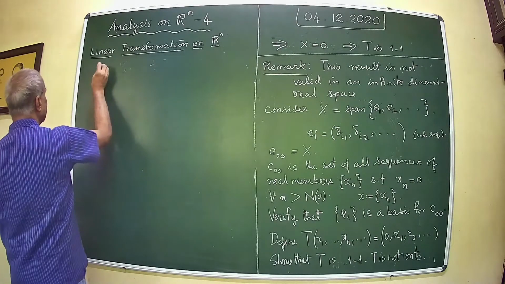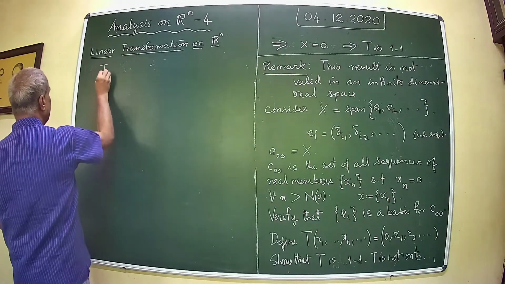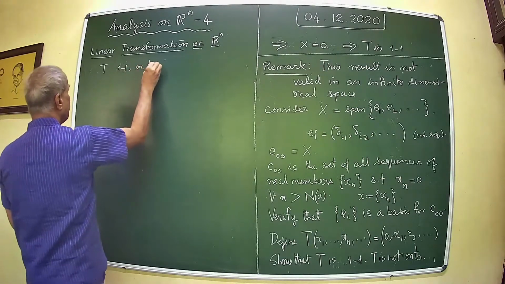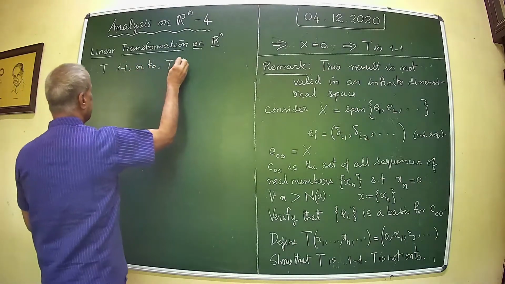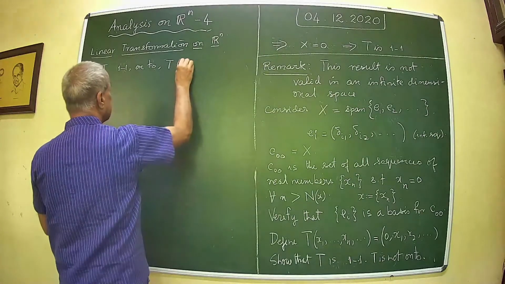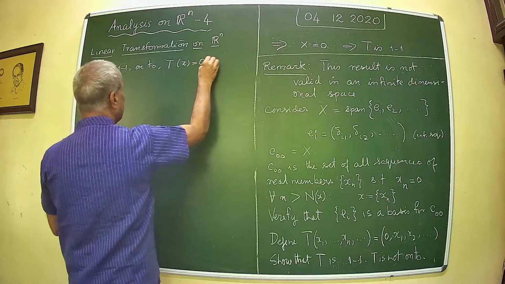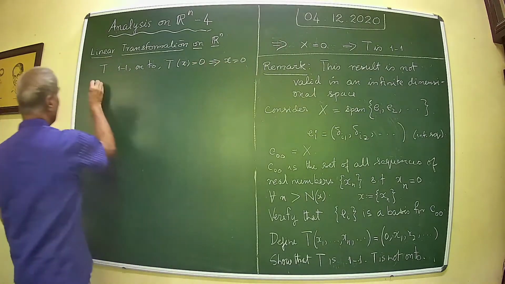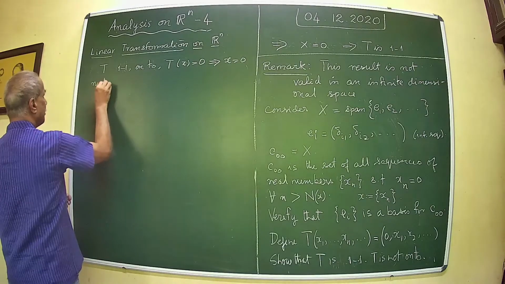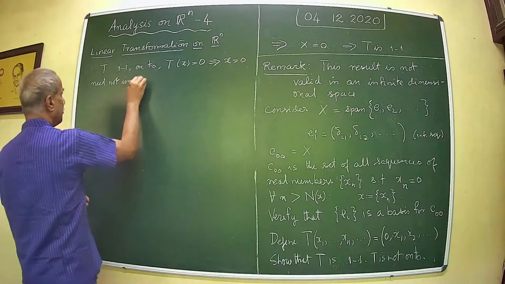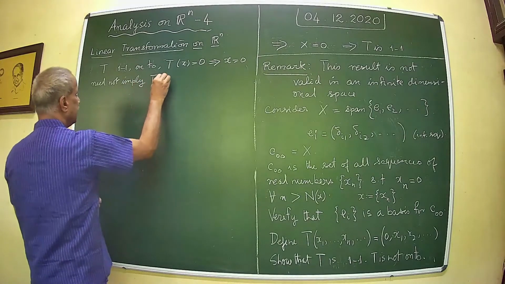See, T 1 to 1, onto, T0 equals 0, or Tx equals 0 implies x equals 0, need not imply T is linear.